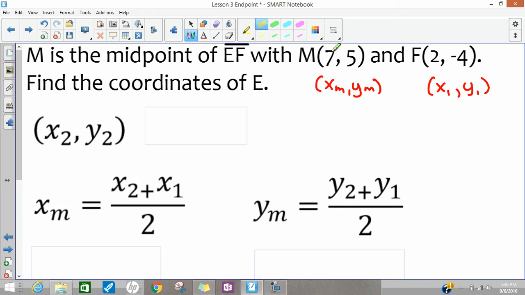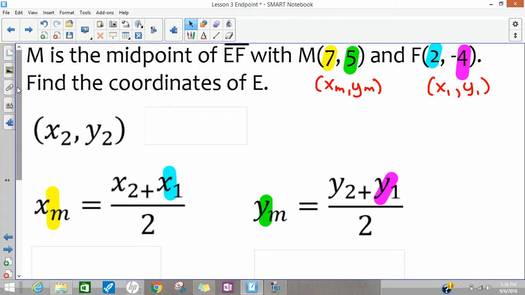So just like we did before, my XM goes in here, my YM goes over here, X1 goes there, and y1 goes there. And then we're going to have to solve these two equations. That's why we practiced equations like this before, so that hopefully this will be pretty easy for you.